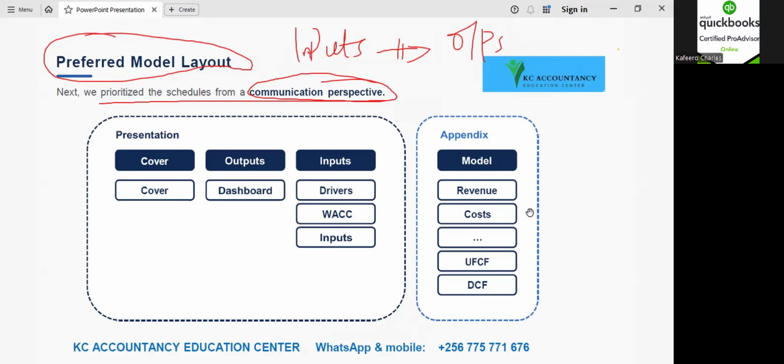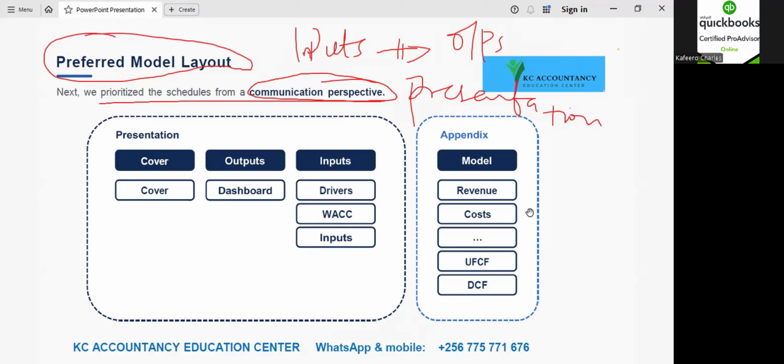Now here we are looking at the presentation. It would be better if we are presenting from output to input, from the presentation or the audience's perspective, because the audience is going to be maybe our stakeholders, maybe the public, maybe the government.